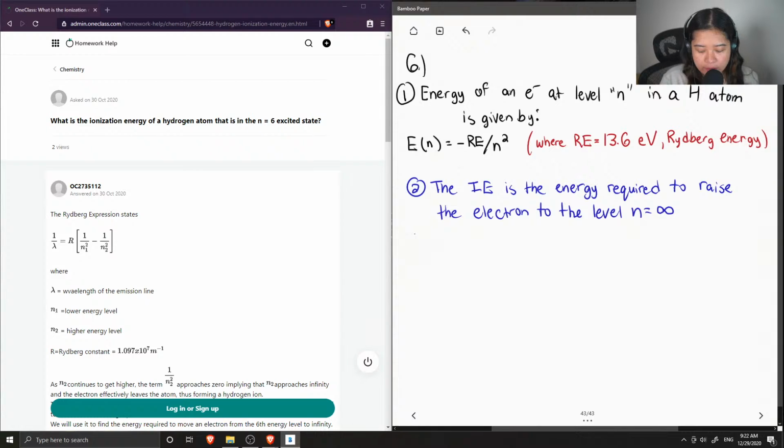So I'll show what this would look like if we wanted to solve for ionization energy.